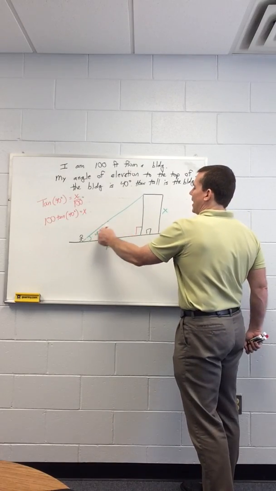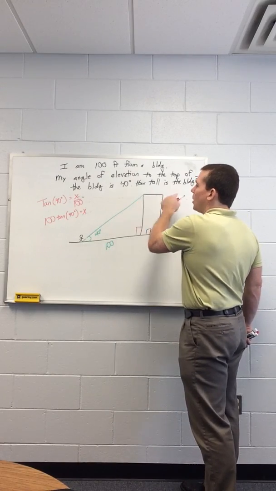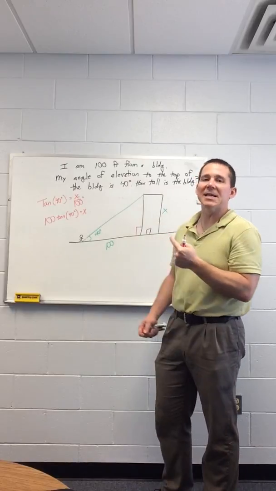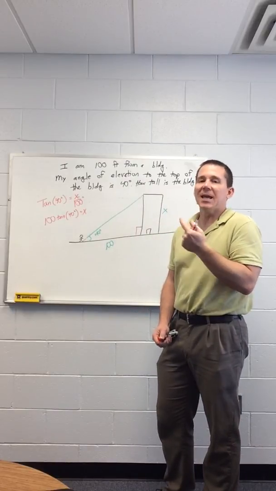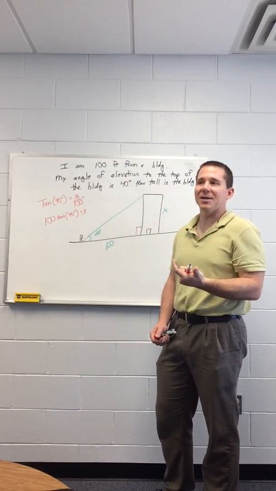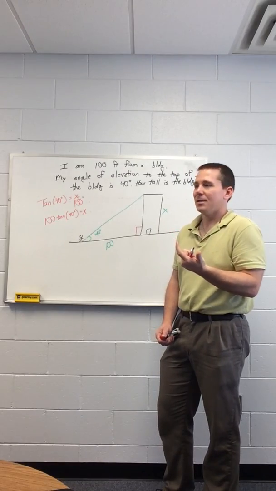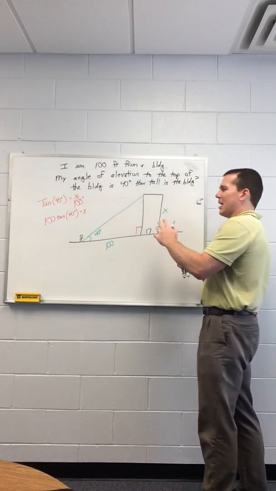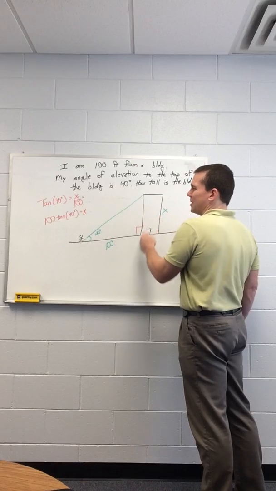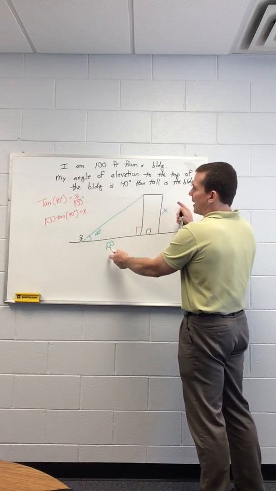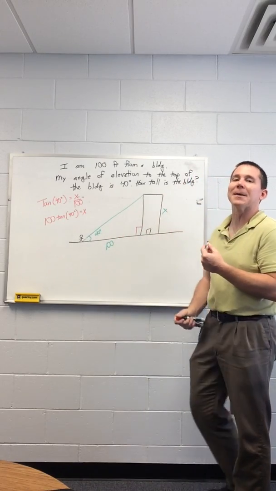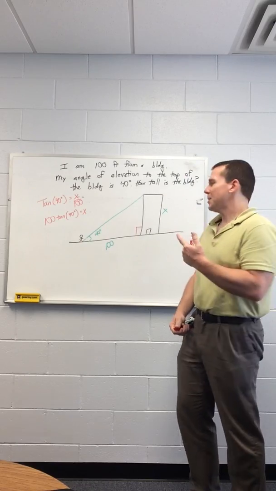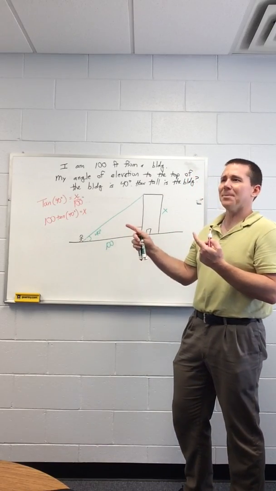At a 45-degree angle, the horizontal and the vertical would be the exact same, which means tangent should be 1. You can plug it into your calculator, and it is. Because a 45-degree angle would make this triangle isosceles, so these sides would be the same. So now, if it's a 40-degree angle, what does that mean?